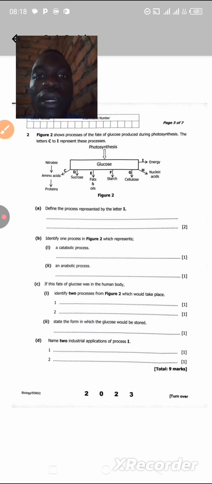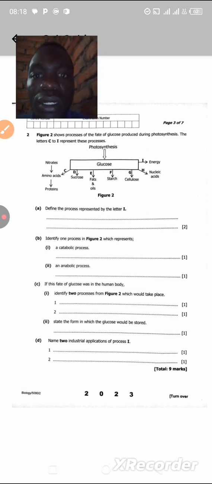So all those end products are made by adding glucose.